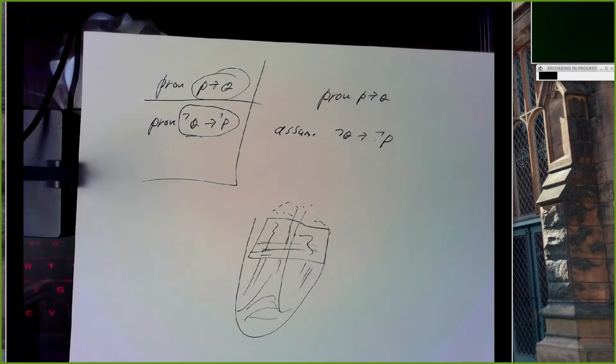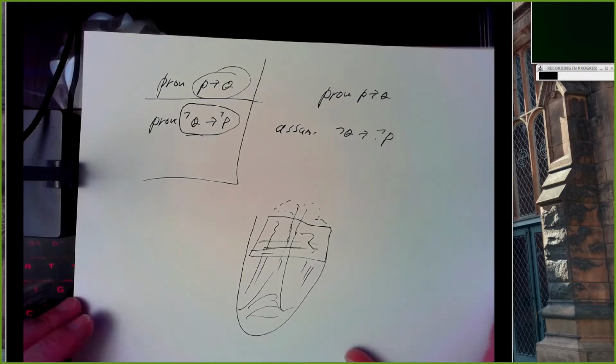But I feel like people are successfully thinking through how you go from hypotheses to conclusion, and how you argue step by step. These are details that I'm picking out, but I don't want you to think I have no idea how to do a proof. I think most people are almost there.